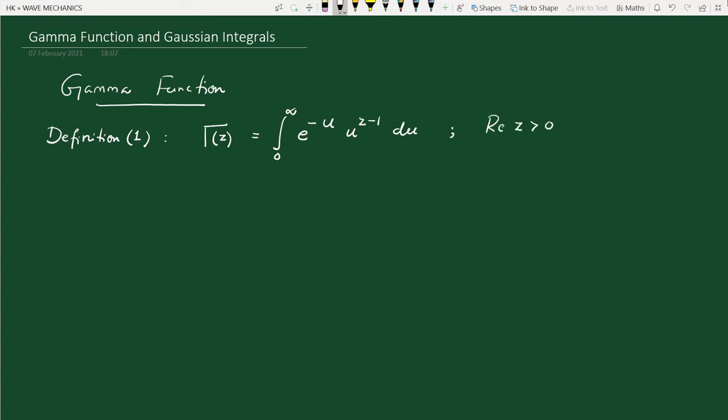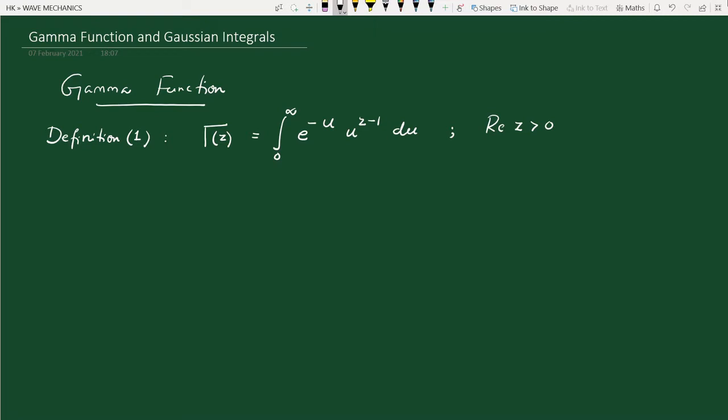Z can be any complex number with the restriction that real part of z is greater than 0. And this condition is required for the finite value of this integral. Okay. So this is the one form of gamma function.